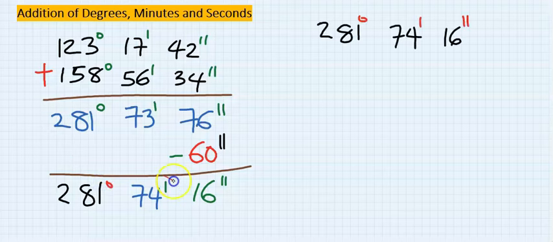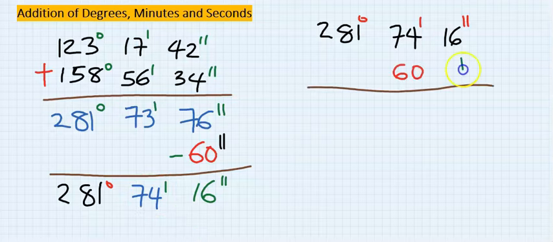Next to consider is the minutes. This is greater than 60 minutes. Hence, we'll not leave it like this. We'll subtract 60 minutes from 74. This 16 will just come down. However, I will subtract 60 from 74 and I'll be left with 14 minutes.